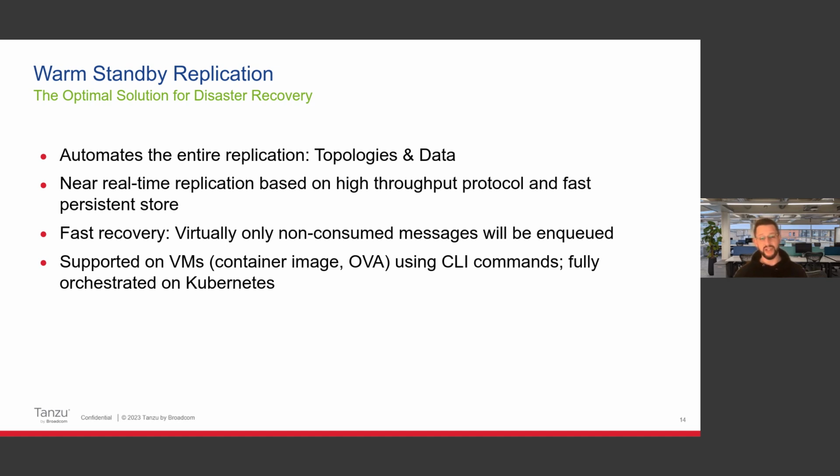So this can reduce the load on the apps and reduce your RPO, or reduce your RTO, I should say. It's supported on VMs using the container image and the OVA using a set of CLI commands, but there's also a Kubernetes operator. So if you're using this on Kubernetes, it allows you to automate an additional 10 to 15% of the activity here.